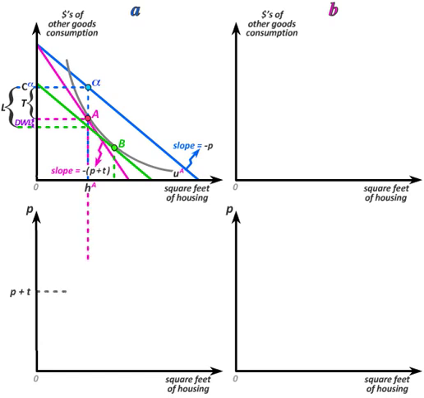We can now transfer some of the relevant information from the top graph to a lower graph where we again measure square feet of housing on the horizontal, but this time we measure price of housing on the vertical axis. Bundle A, for instance, drops down to point A at the height of the price P plus T, in other words the after-tax price at which A was in fact the optimal bundle in the top graph.